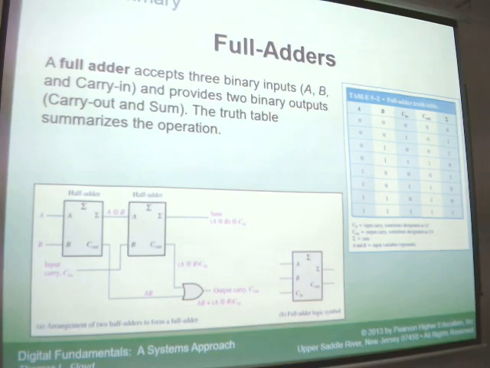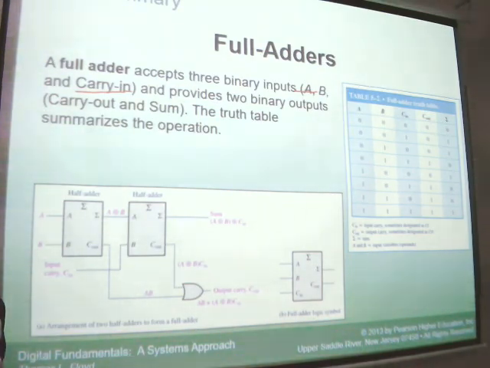Full adders accept 3 binary inputs, A, B, and carry in, and provide 2 binary outputs, carry out and sum. The truth table summarizes the operation like this.